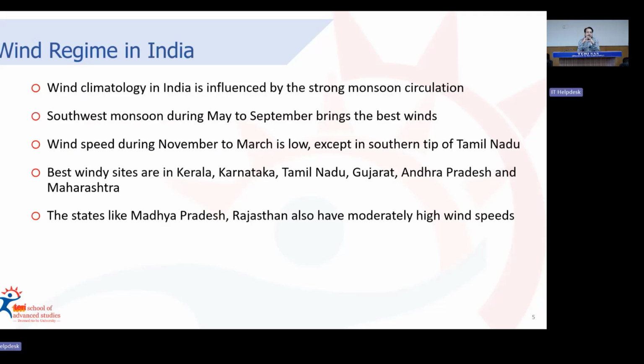And if we look at the entire geographical dimension of India, we will find that the best windy sites are in Kerala, Karnataka, Tamil Nadu, Gujarat, Andhra Pradesh, and Maharashtra. States like Madhya Pradesh and Rajasthan also have moderately high wind speeds, and therefore we can find several good wind sites.